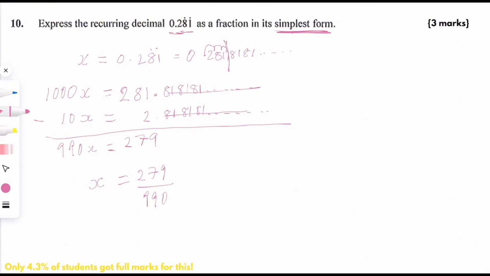That would give me, at the bottom here, 110. And at the top, that would give me 31. Okay, can I divide that any further? I don't think so. And so that is our final answer for 3 marks.